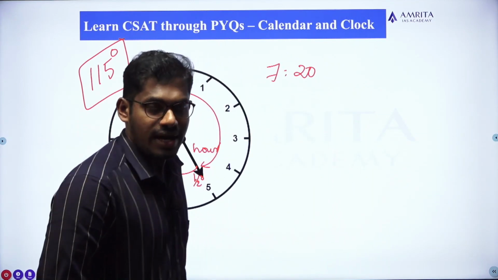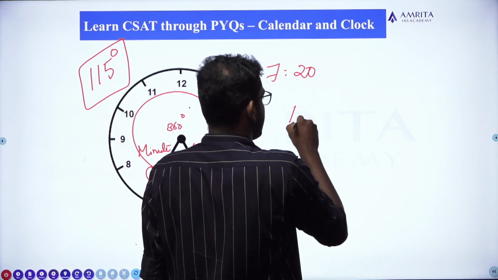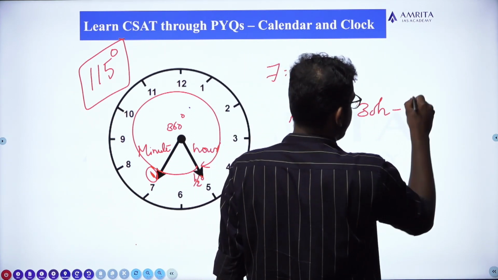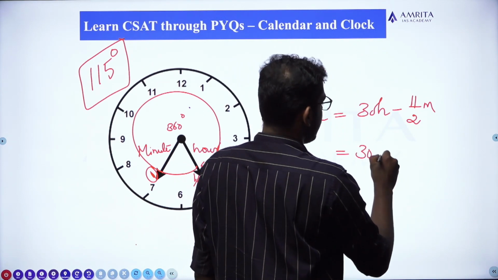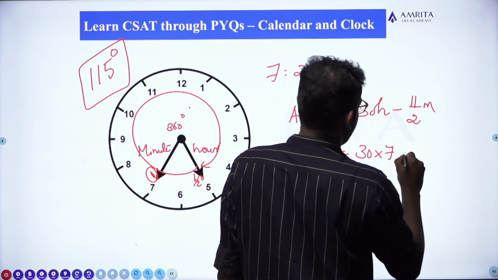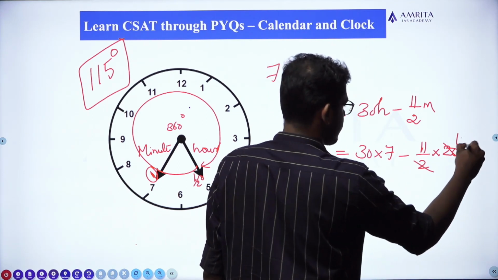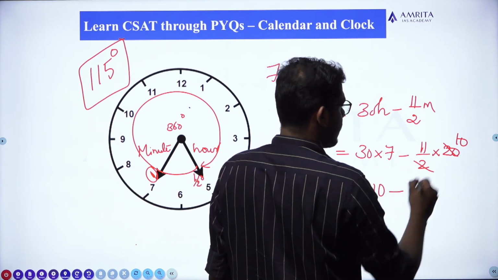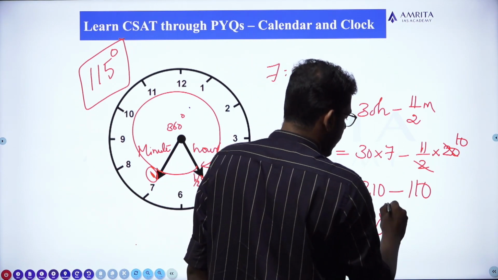So if we have to find the angle made by the hour hand and minute hand at the time 7:20, the angle will be equal to 30h minus 11 by 2m, that is 30 into 7 minus 11 by 2 into 20, that is 10. 30 times 7 is 210 minus 11 into 10 is 110. 210 minus 110 is equal to 100 degree.